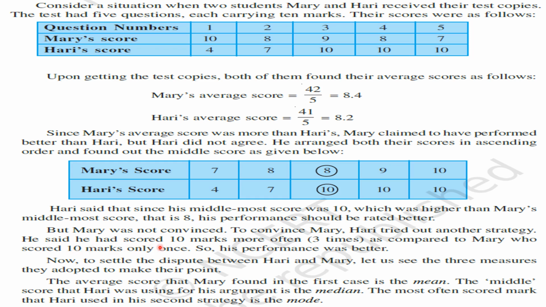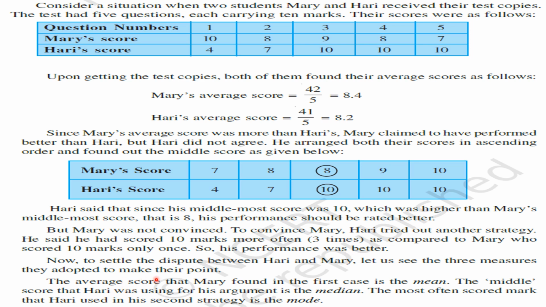He said he had scored 10 marks more often, that is 3 times, as compared to Mary, who scored 10 marks only once. Yes or no, my children? Mary scored 10 marks only once, but Hari scored 10 marks 3 times. So Hari said, I got 10 marks 3 times as compared to Mary, so my performance was better.